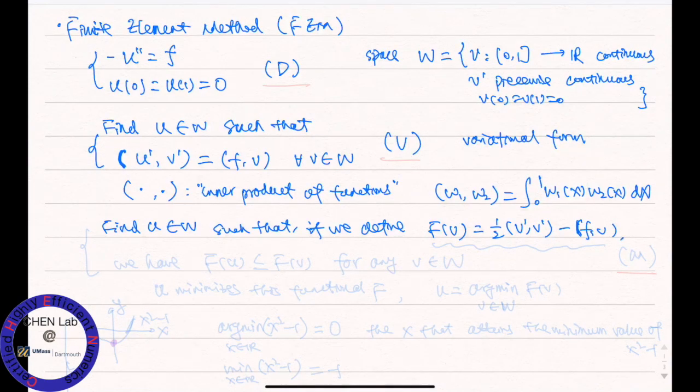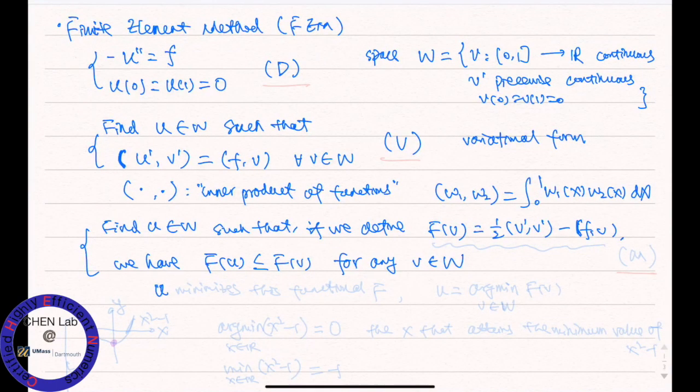If we define such a functional capital F of v, we have F(u) is less than or equal to F(v) for any v in the space W. In other words, u minimizes this functional.